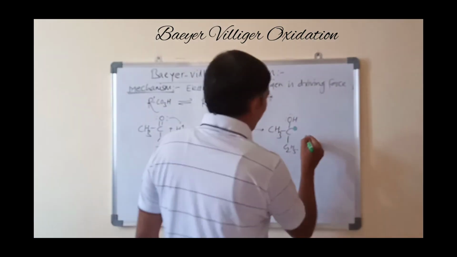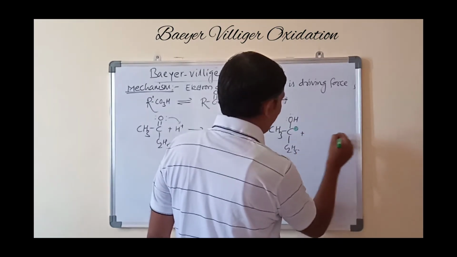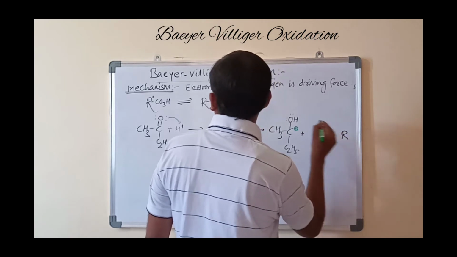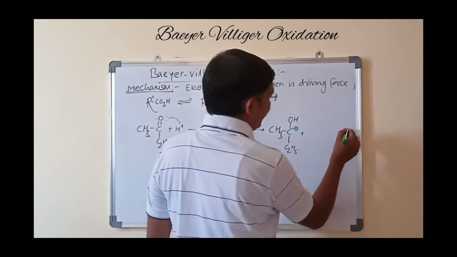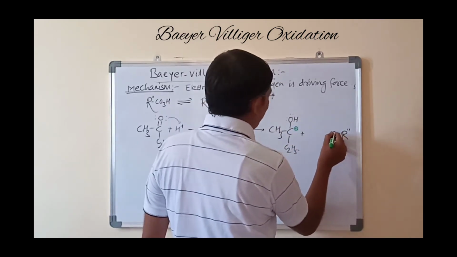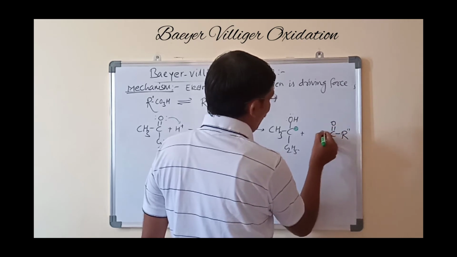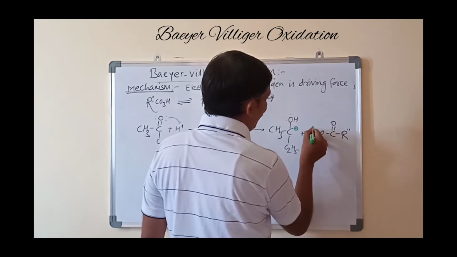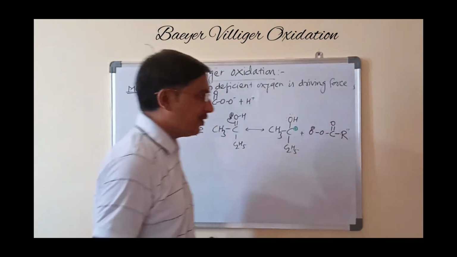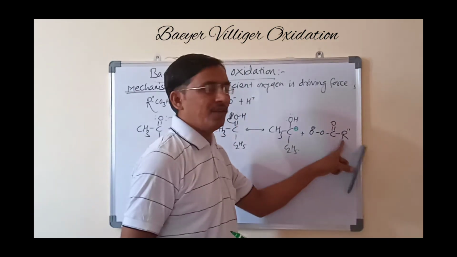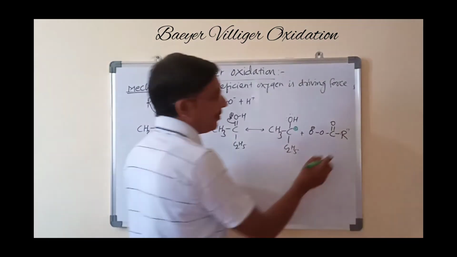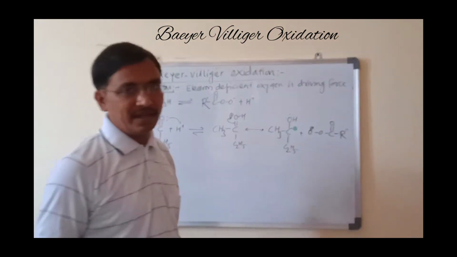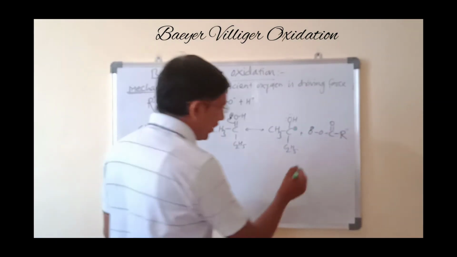It will react with R double dash CO O minus. We have three oxygens, O minus. You can take here any alkyl group. Generally that R double dash is an electron withdrawing group, like a triflate ion.